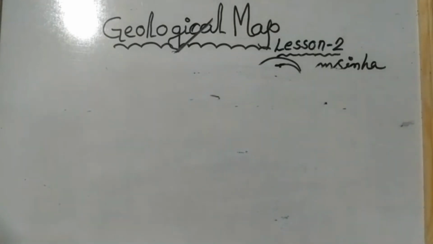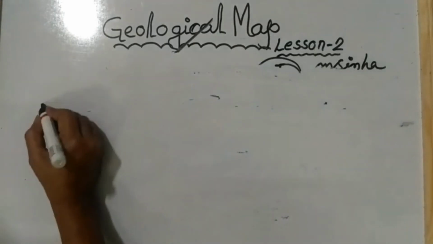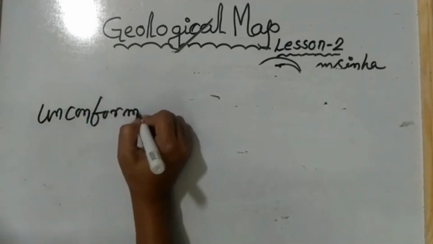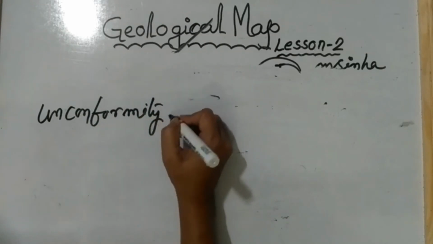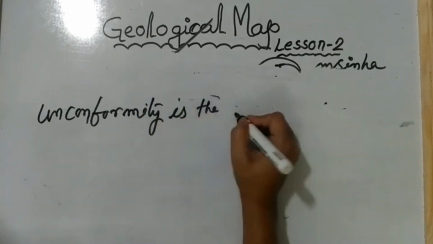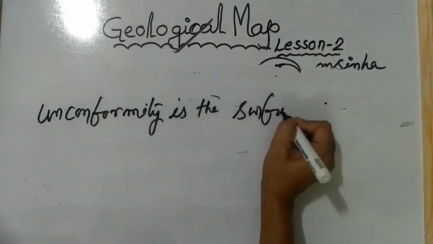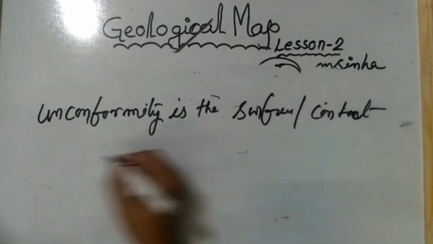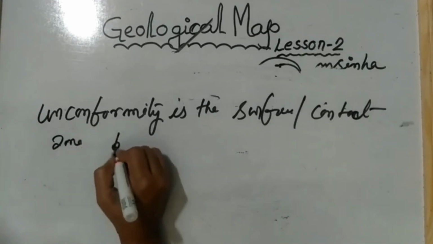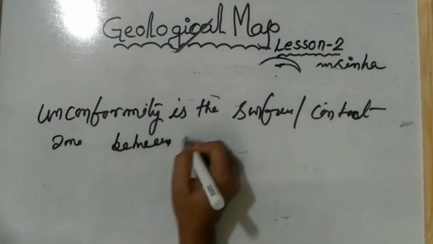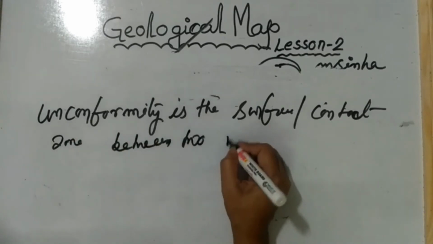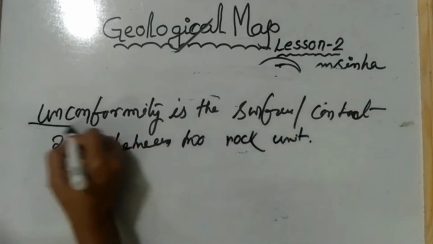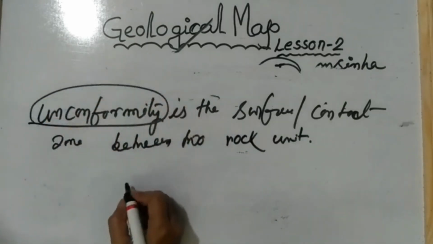This is the line of unconformity, the surface or the contact zone between two rock units. Actually, the line of unconformity shows the geological gap.